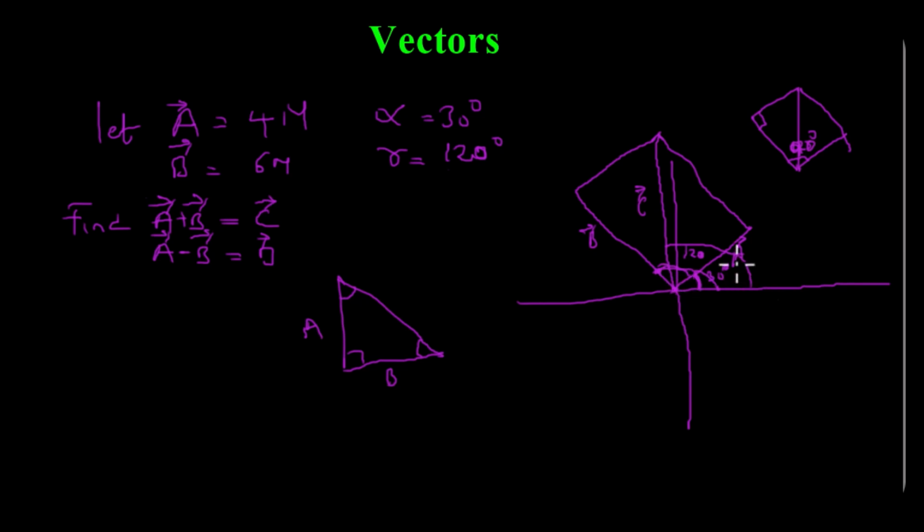You can see that I know this angle from this point to where A is starting from, which is 30. So if I can get the angle inside of this other triangle here, then definitely I'll just add it to 30, and that will be the angle of my resultant. But then how do we do that?